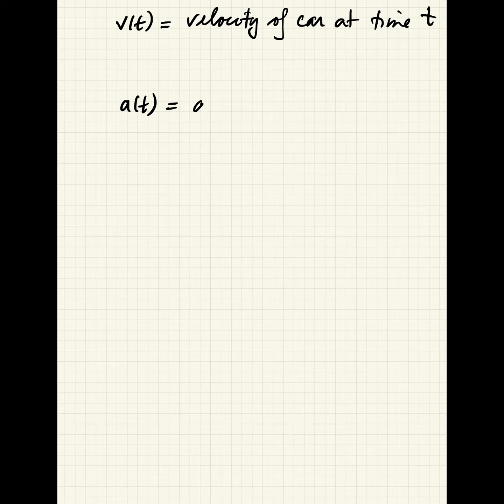And a of t is going to be the acceleration of the car at time t. So this is the general framework: a position function s, a velocity function v, and an acceleration function a.